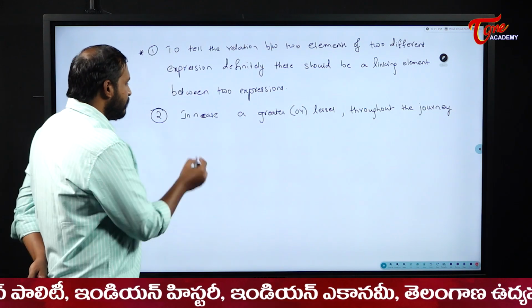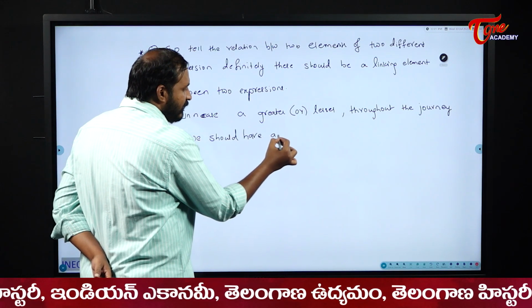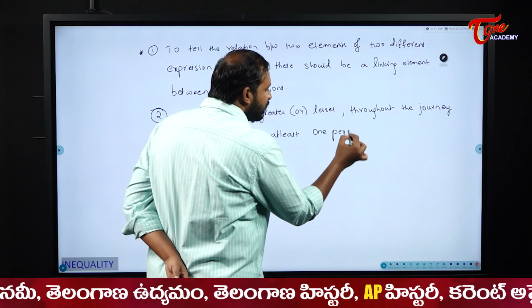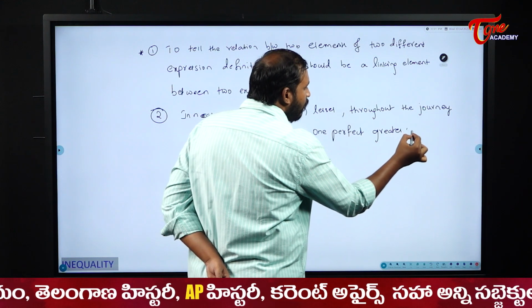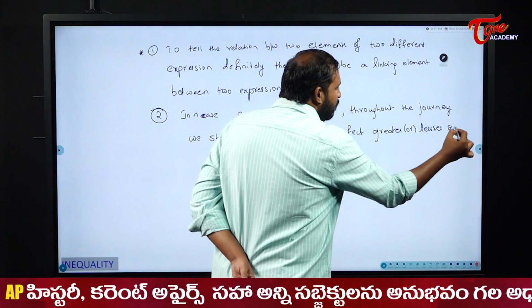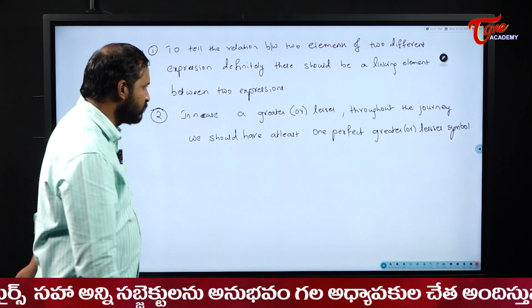Throughout the journey, we should have at least one perfect greater or lesser symbol. I will tell you what it is and what the importance of that one is. Don't worry, we will get clarity about these rules while solving the problems.